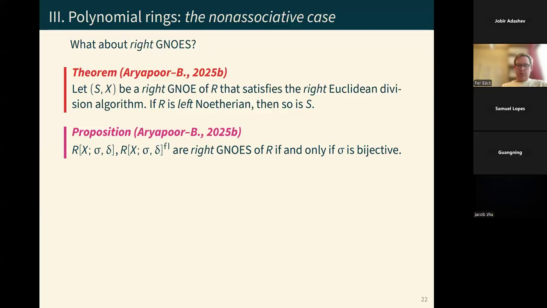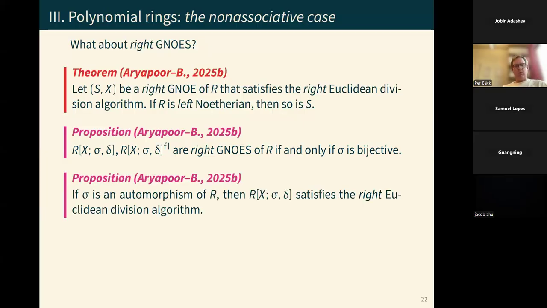So that's the way to prove this. And in case sigma is an automorphism, then this non-associative Ore extension also satisfies the right Euclidean division algorithm. So recall that if sigma is a bijection, you can already turn it into a right GNOE. Now there also exists a right Euclidean division algorithm, so you can go back to this theorem here and also prove a left version of Hilbert's basis theorem.